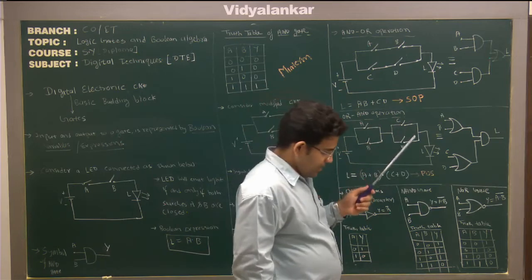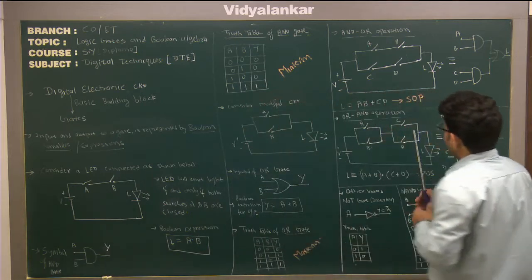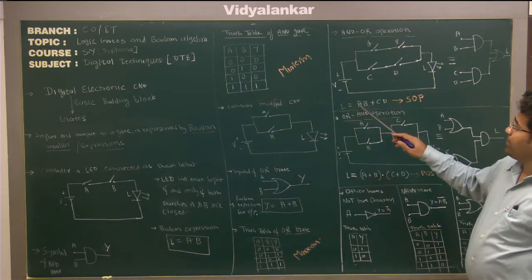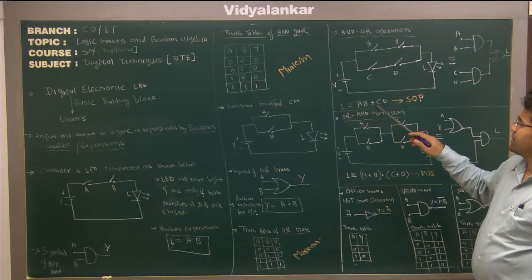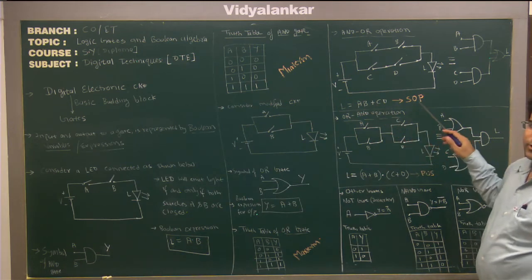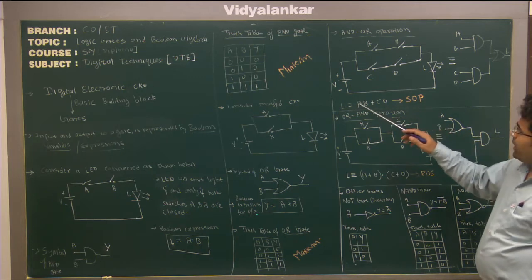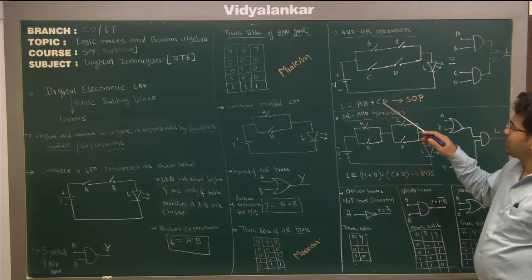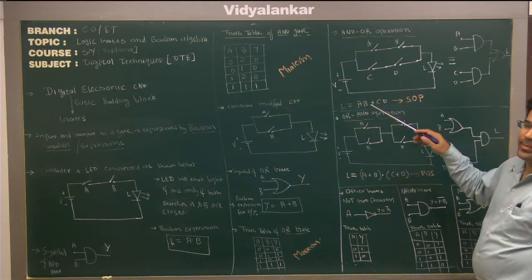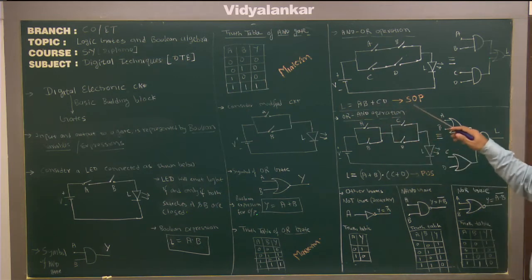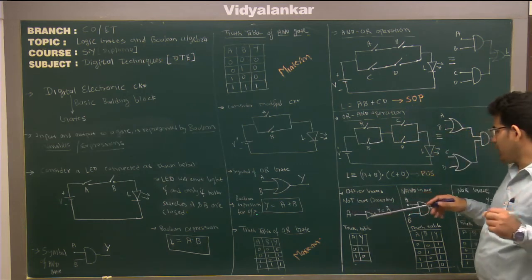So this kind of expression where you have multiplication and then summation, sum of product, SOP: product A into B, one product, C into D, another product, addition of them. So this representation is known as SOP representation, sum of product.